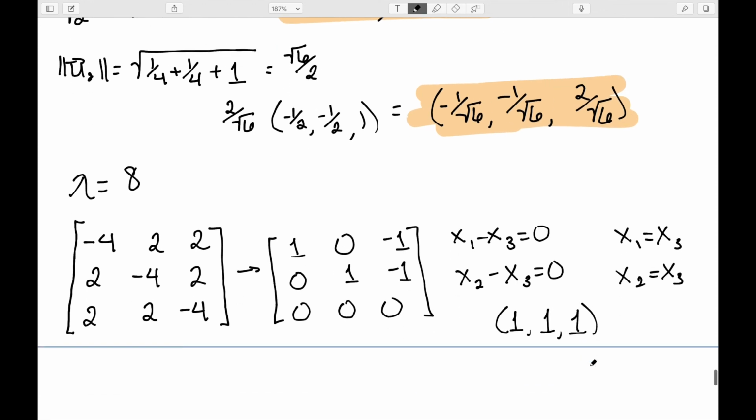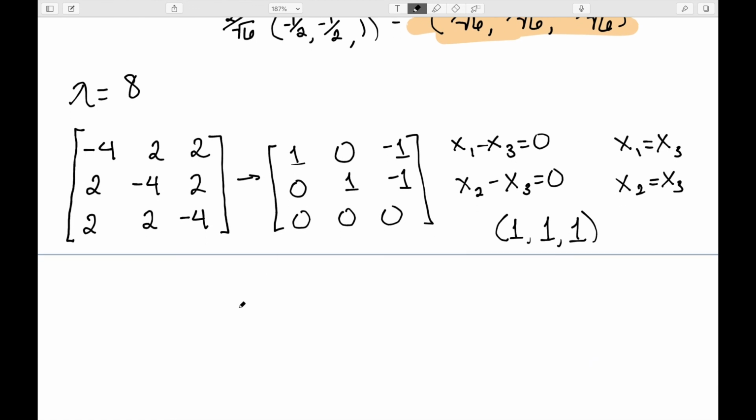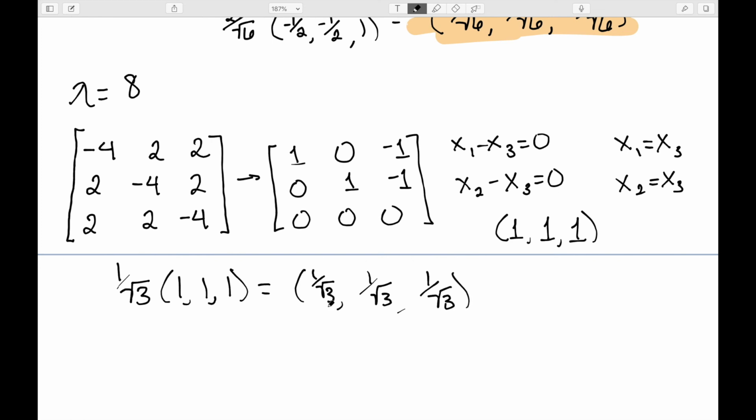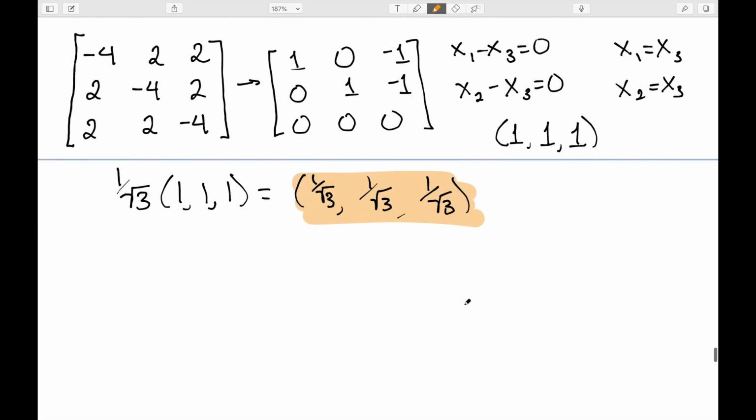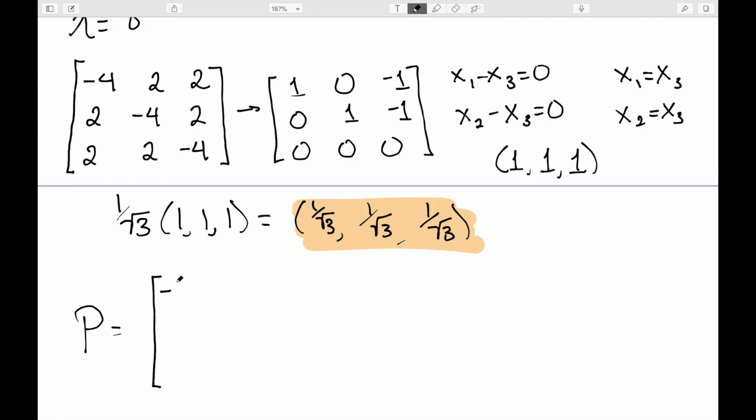We do need to normalize this vector since we do need an orthonormal basis. Since its length is the square root of 3, I need to divide by the square root of 3. That'll give me 1 over the square root of 3, 1 over the square root of 3, 1 over the square root of 3. So now this will be my third vector for P. So now I can finally write my matrix P. My first vector that I found was -1 over the square root of 2, 1 over the square root of 2, 0.